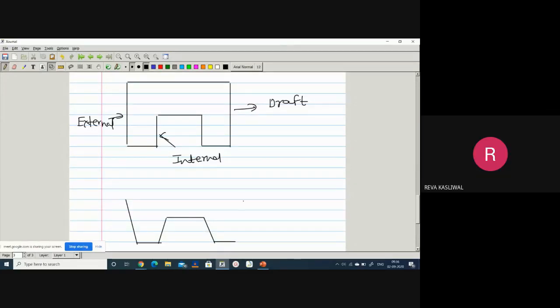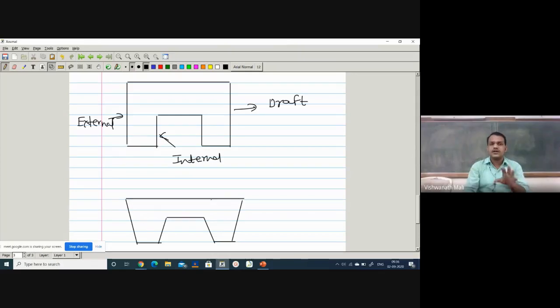Excuse me, sir. Sir, but it changes the original shape of the workpiece, no? This is your pattern. The original part is this. To manufacture that original part, we have prepared the pattern, and to avoid damaging the mold, we have given the draft allowance.